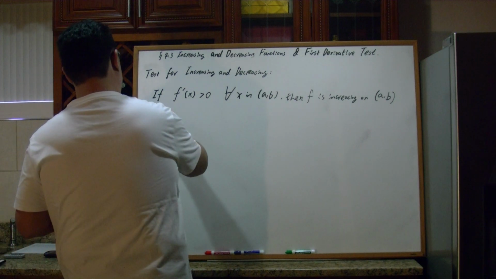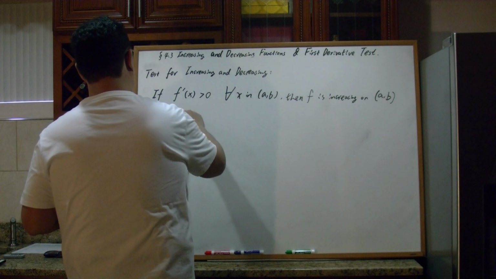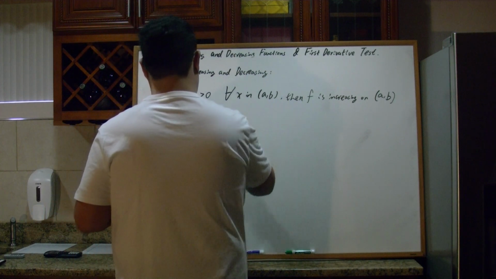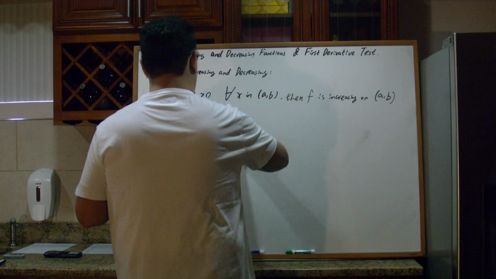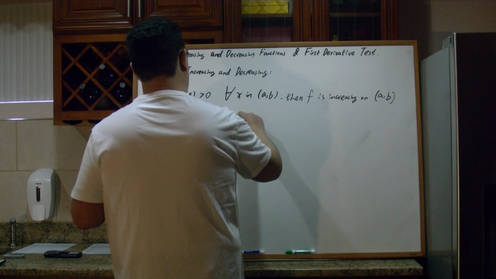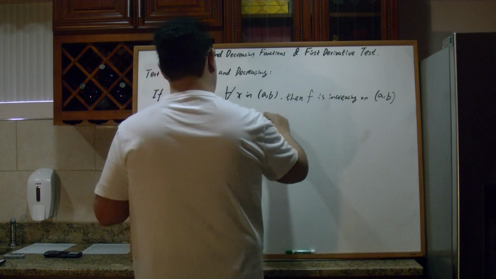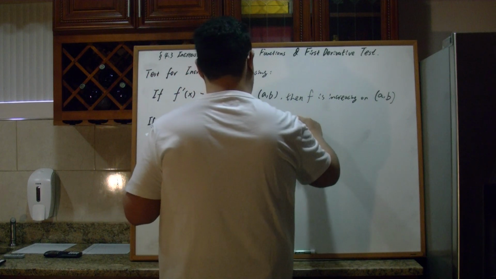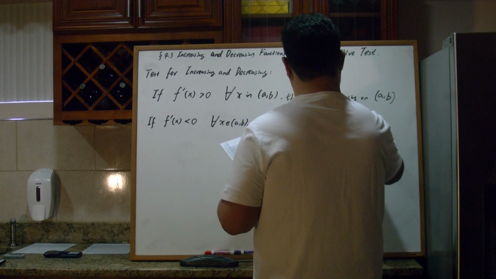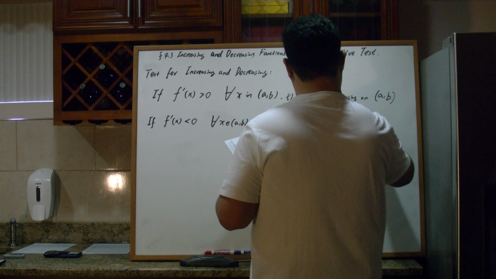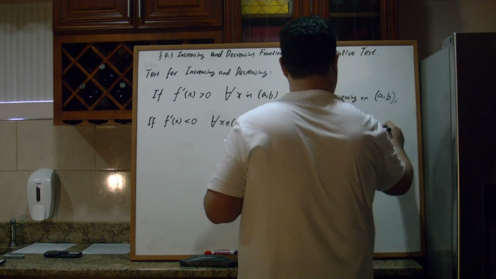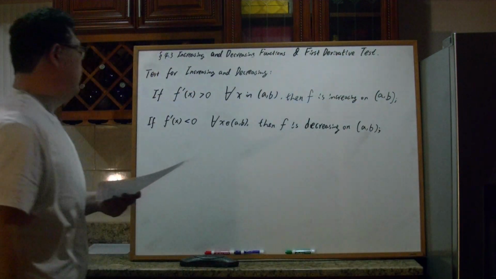Right, so second, if f prime of x is less than 0 for all x, we could use another notation, for all x belonging to (A, B), then f is decreasing on (A, B).